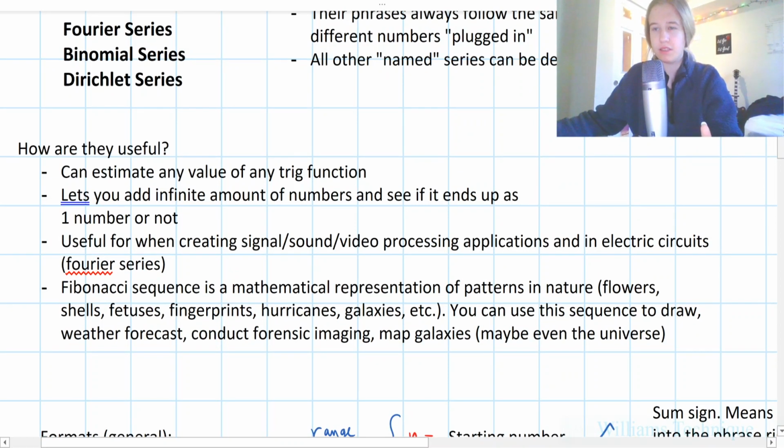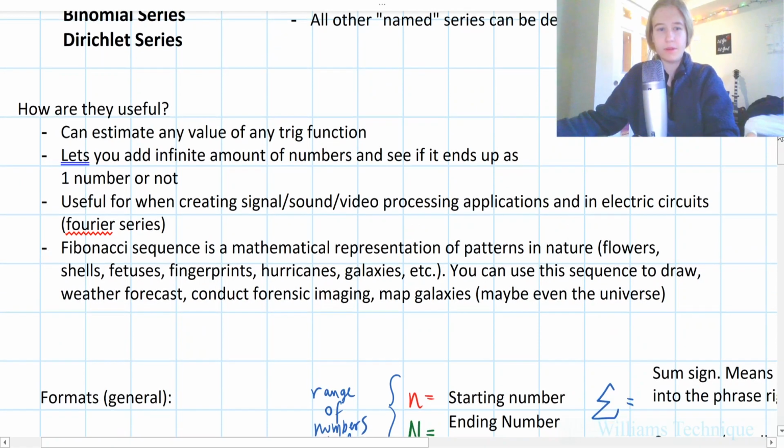It's also useful, and a lot of people don't mention this when they're teaching math in schools, regarding the Fibonacci sequence. The Fibonacci sequence is kind of like a representation of patterns in nature.